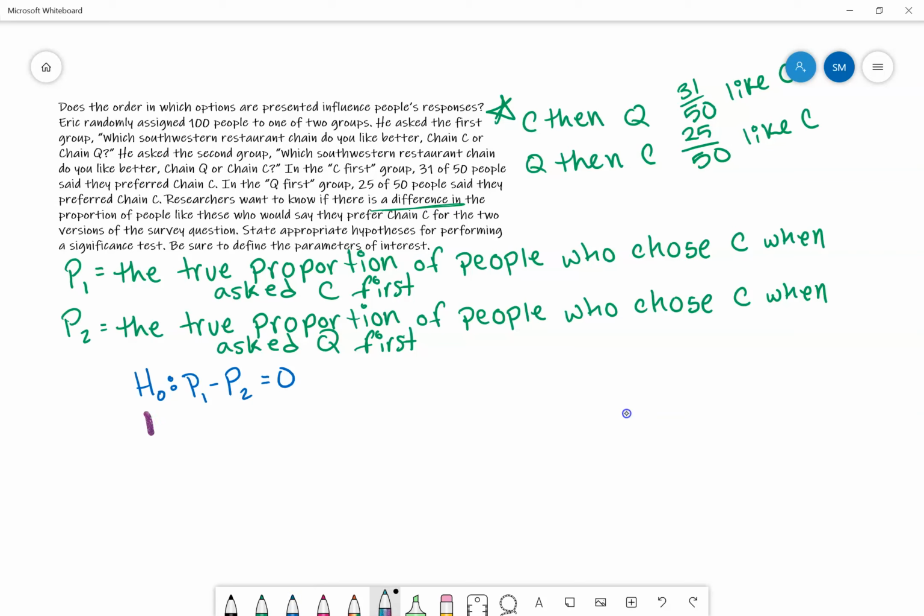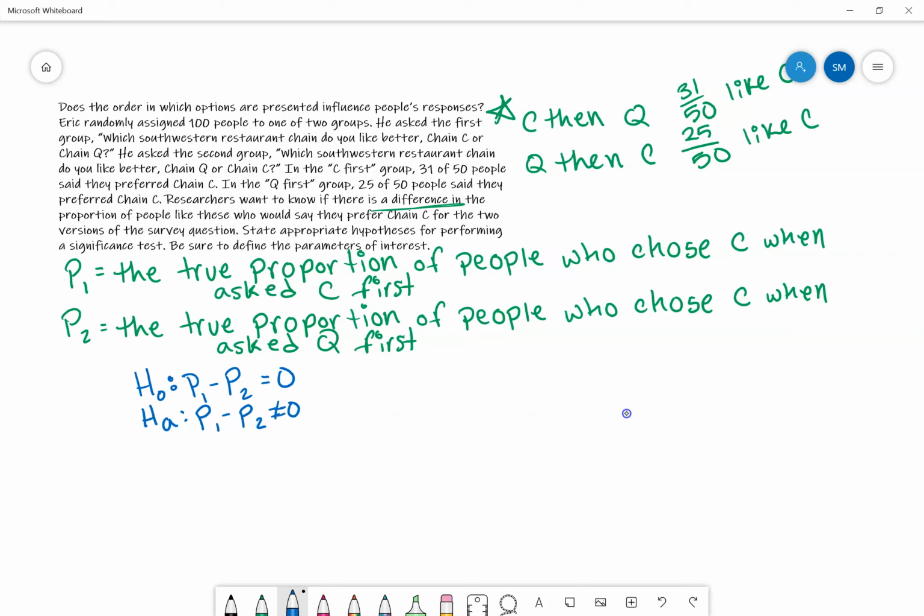Now your alternative, this is the one that requires a glittery pen, apparently. This is the one that requires a bit of reading. So the first proportion minus the second proportion, where there is a difference. They don't know if it's going to be greater than or less than. They're just saying, you know what? There's going to be a difference.